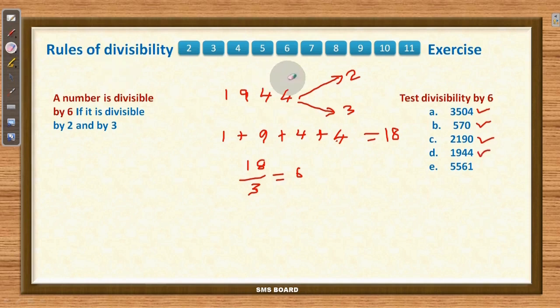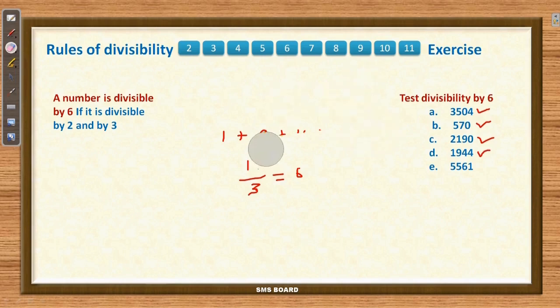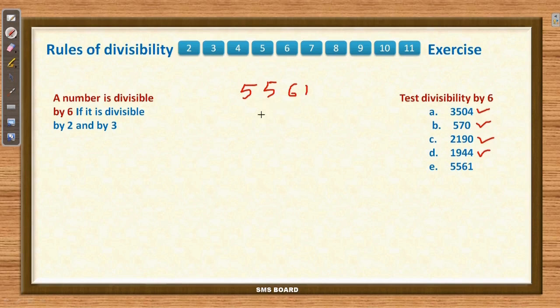Now let us go to the last problem of the exercise, 5561. This number ends with 1, so this number is not divisible by 2.